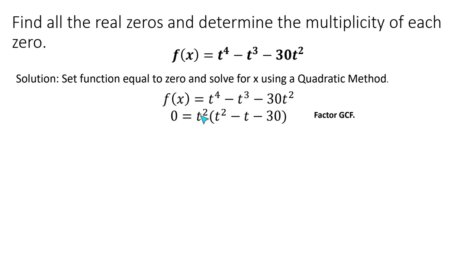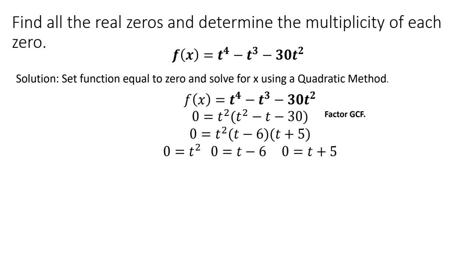So I'm going to factor out a t squared. t squared times t squared gives me t to the 4th, and t squared times t gives me t cubed. And t squared times -30 is -30t squared. What I have left in the parentheses is quadratic, so I can either use the quadratic formula or try to factor. Here, this is going to factor as t minus 6 times t plus 5.